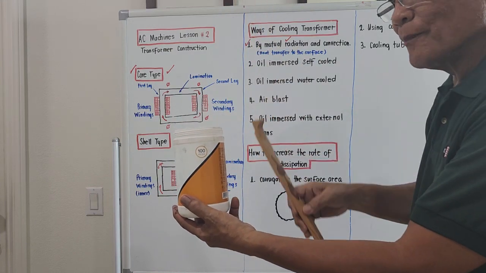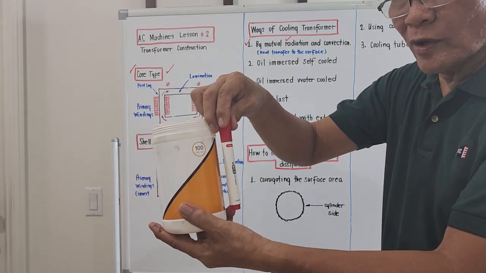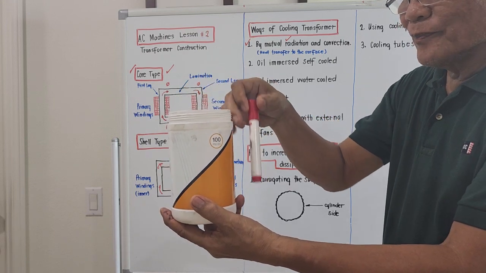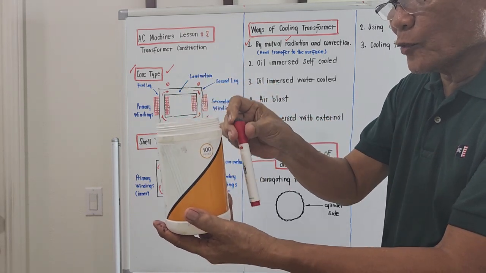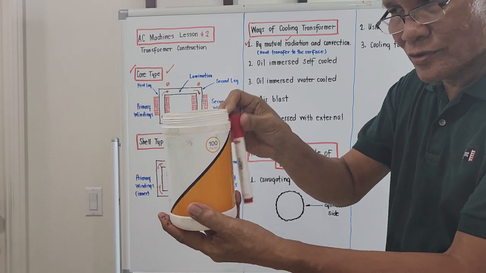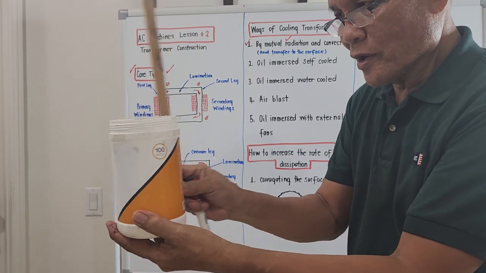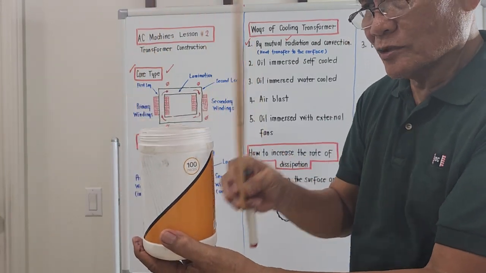That's cooling pins. The first one is the cooling tube, the round ones. So it is not just corrugating that will increase the surface area. We add more cooling tubes and cooling pins, the rectangular one. Okay, it was welded on the casing of the transformer.